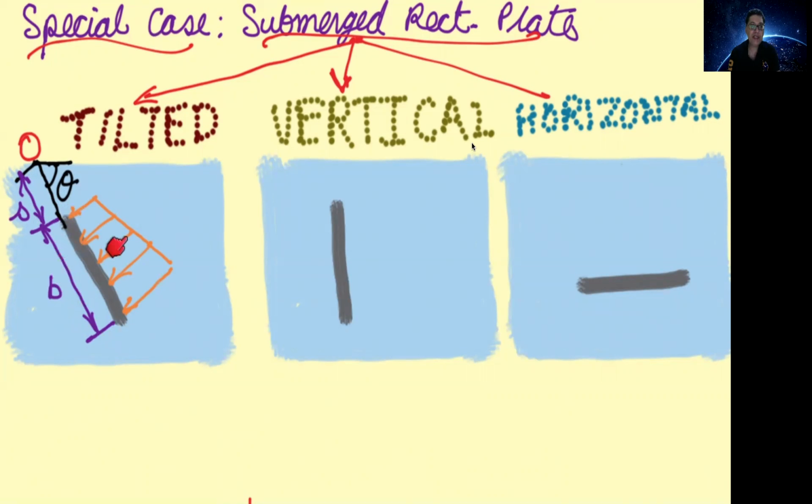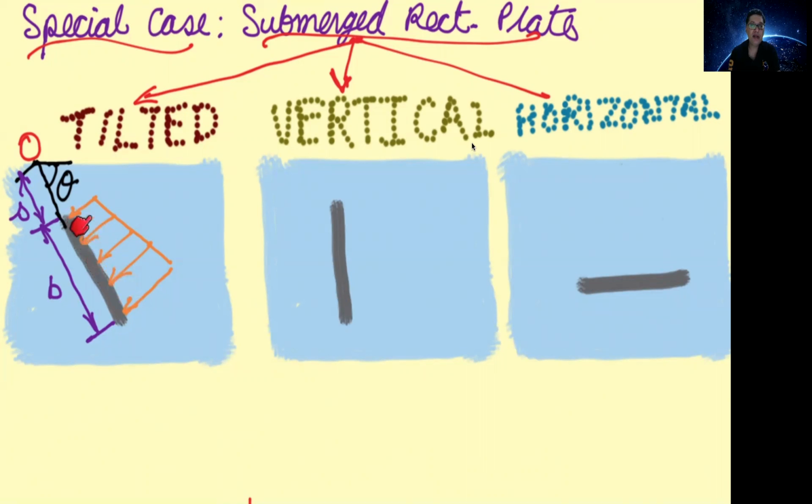Here the pressure distribution above this plate is shown. Note that for this problem, although this plate is completely submerged in a fluid, we are interested in the hydrostatic force which is acting on the upper surface of the plate.